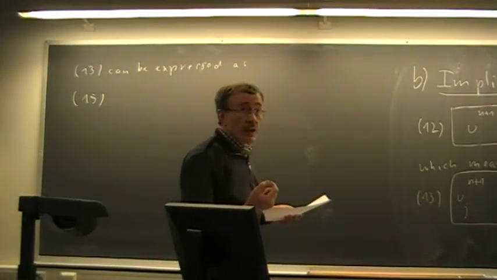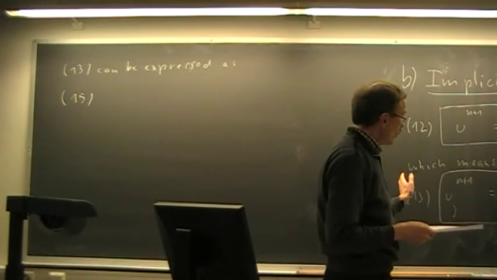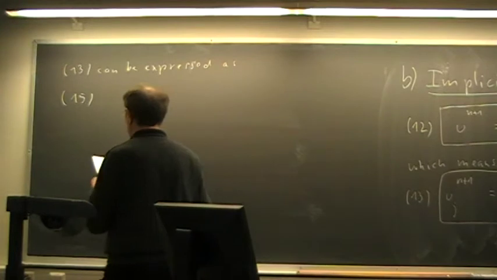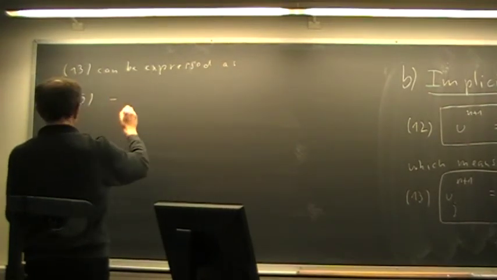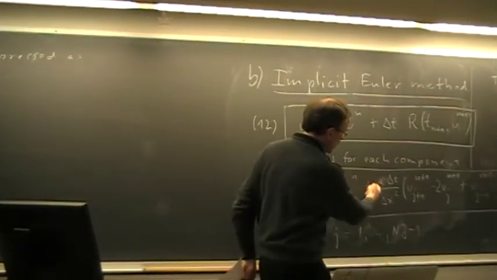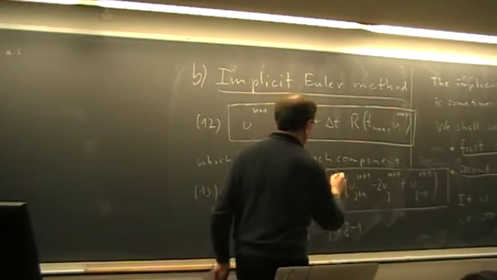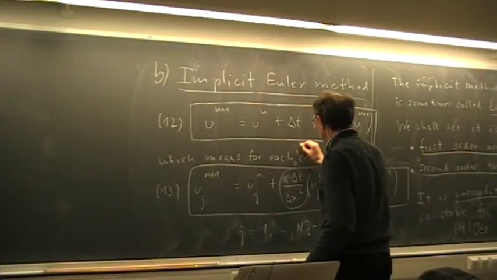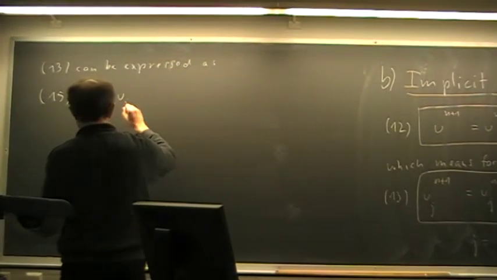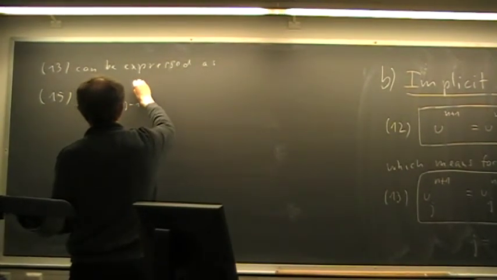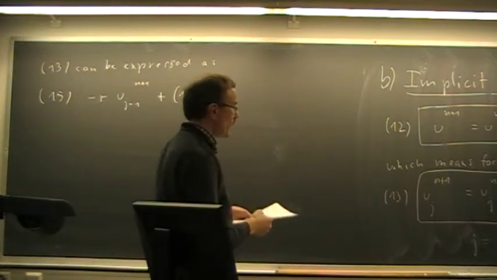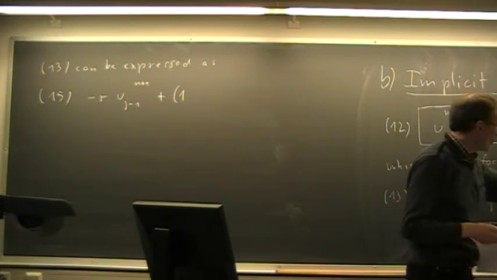What we do when we have an implicit method is bring everything that we don't know to the left-hand side, and everything that we know to the right-hand side. Moving that to the left-hand side, we get minus r, using now this abbreviation. So this is r. On the left-hand side we get u_{j-1}^{n+1}, and in the diagonal we have the 1 already sitting there, so we get 1 plus 2r.